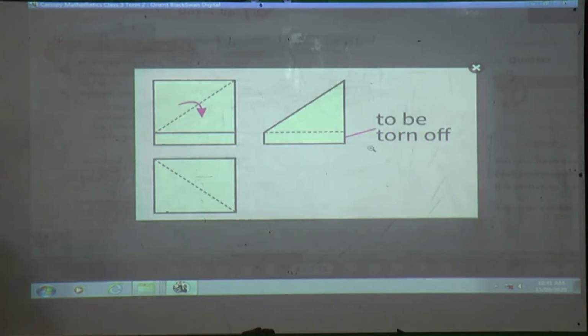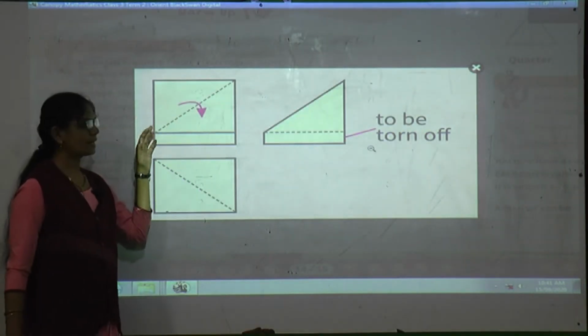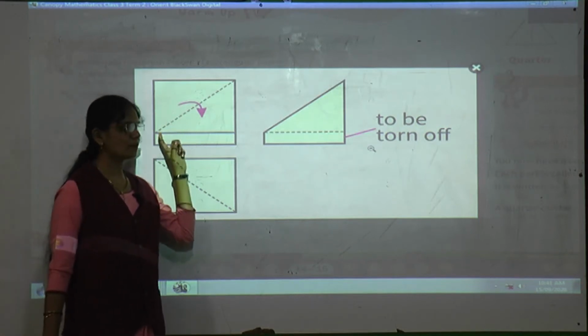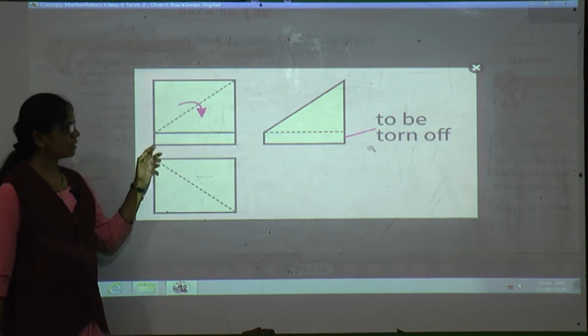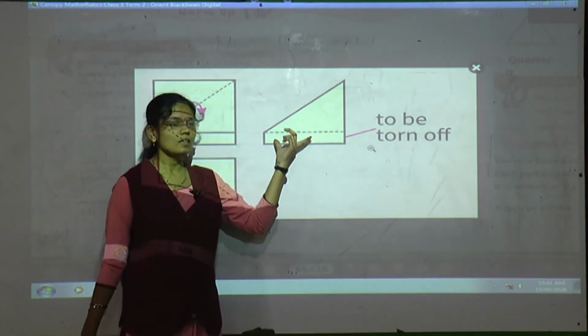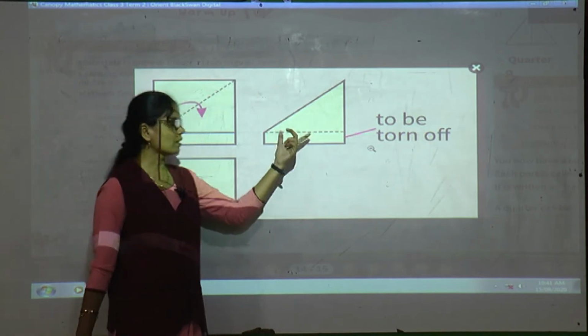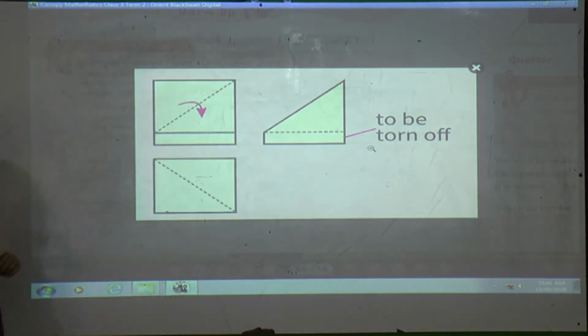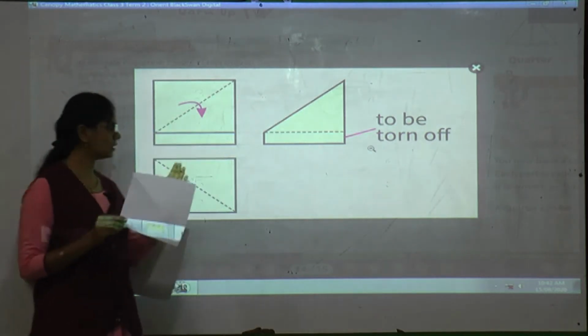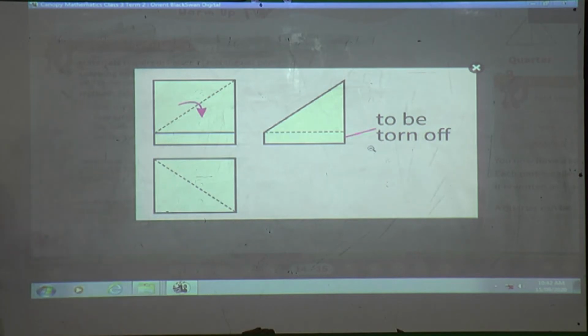First of all we have taken one rectangular piece, and we have folded that paper from one part, and then whichever part is extra, that part we have to tear off. And after that we will get a square like this. Here in the diagram also you can see this.